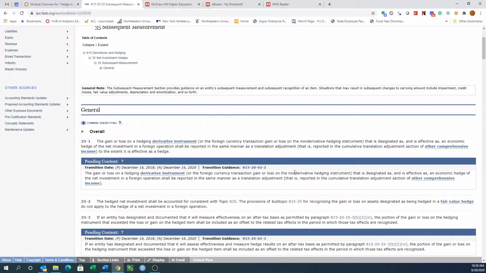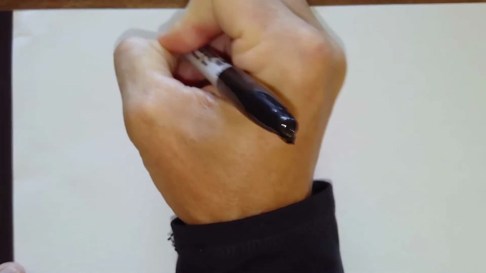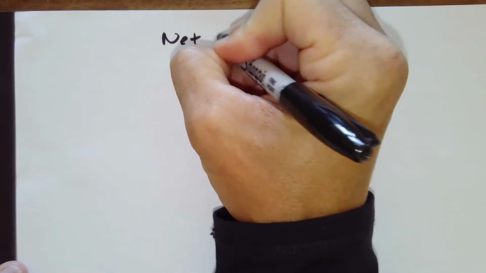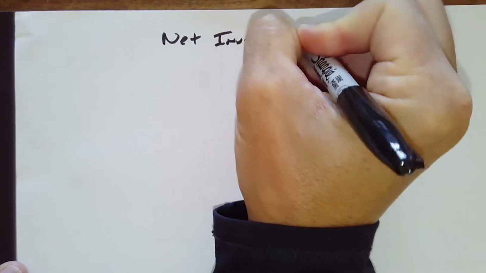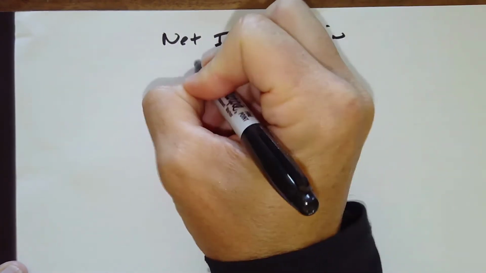Let's get a little more detail on this discussion of a net investment hedge. This can be on balance sheet or off balance sheet. We're focusing on the off balance sheet or derivative contract. So, a hedge of a net investment in a foreign subsidiary.